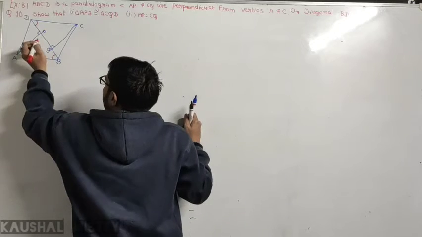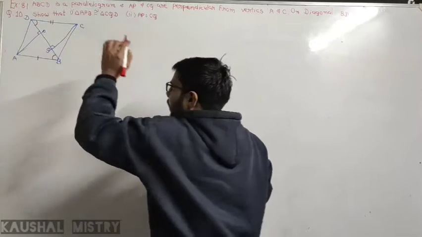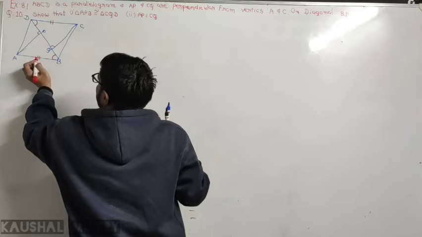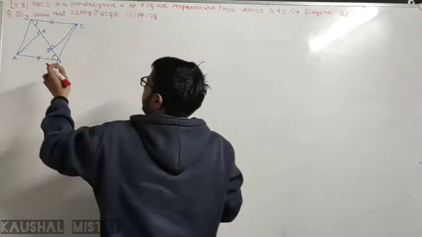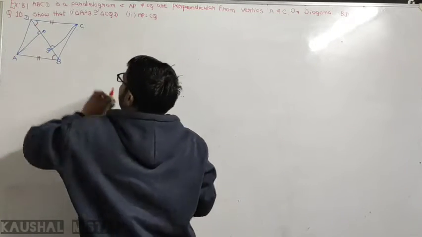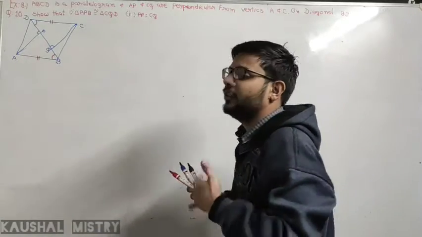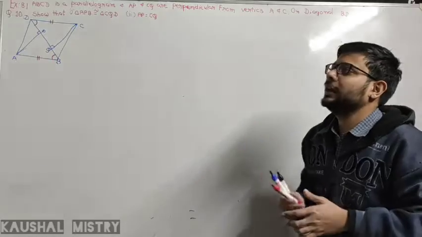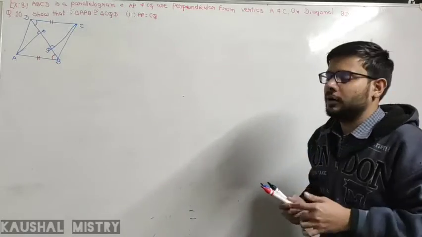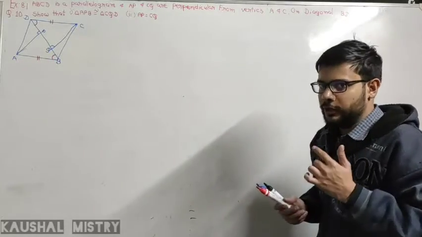These two sides are equal in both triangles. And one another thing, these two are right angles, so two angles and one side. So by the AAS congruence rule, we can prove that APB is congruent to CQD, right?